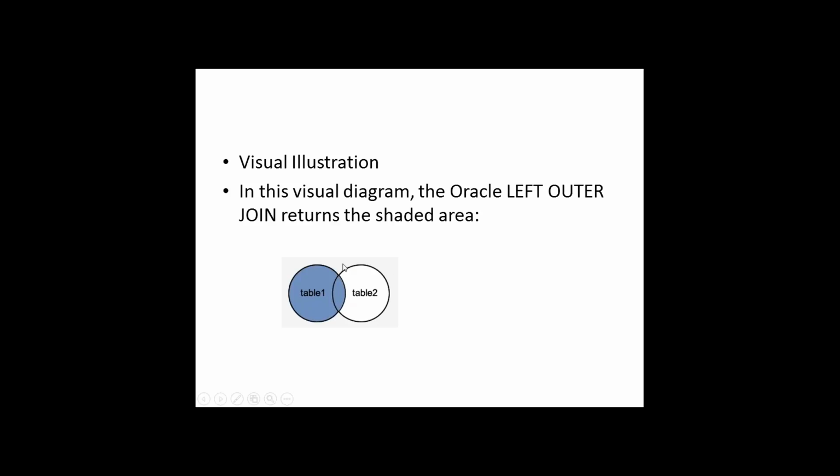The matching records between table 1 and table 2 are only this part, right? If you write a left outer join query, we are getting this information. Is that clear?